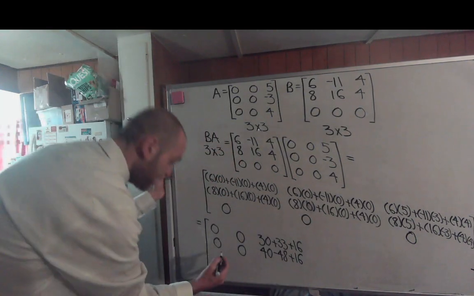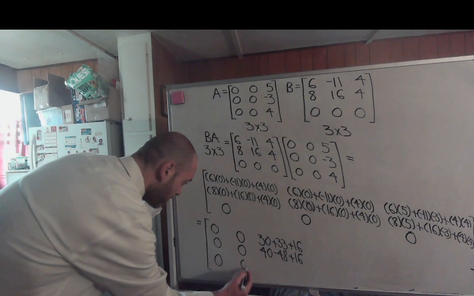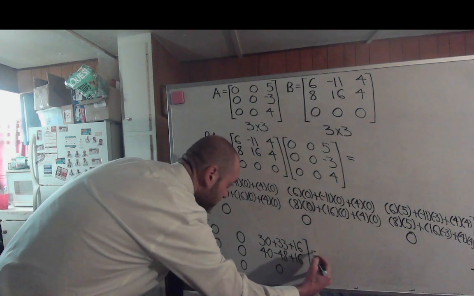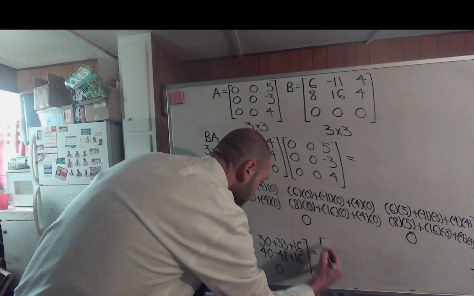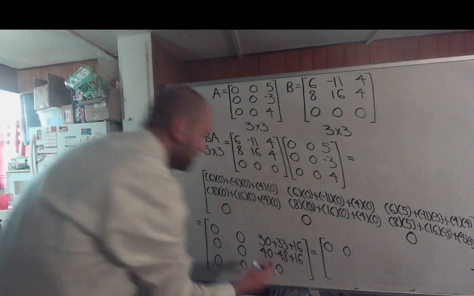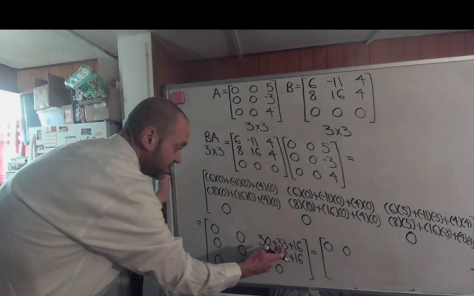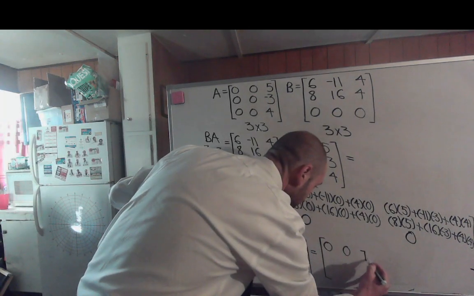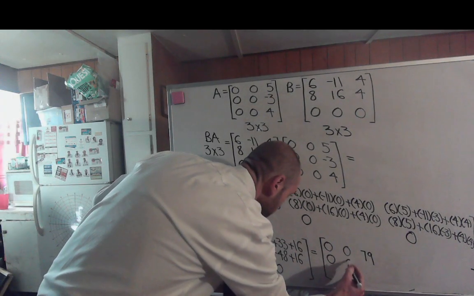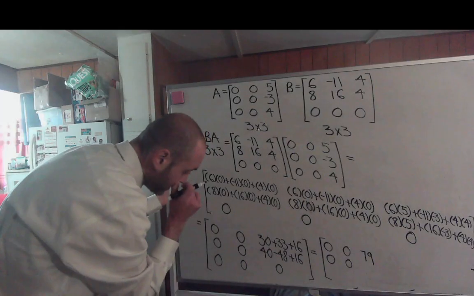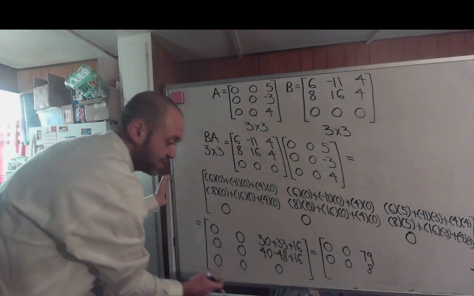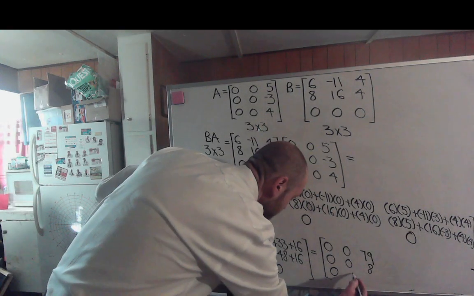And then your entire third row was nothing but zeros. So this would simplify into the 3 by 3 matrix 0, 0, 30 plus 33 is 63 plus 16, that's 79. 0, 0, 40 minus 48 is negative 8 plus 16, that's positive 8. Then your entire third row is zeros.